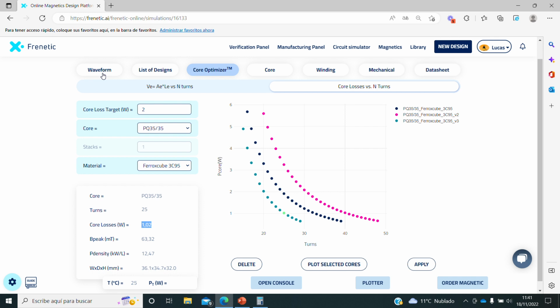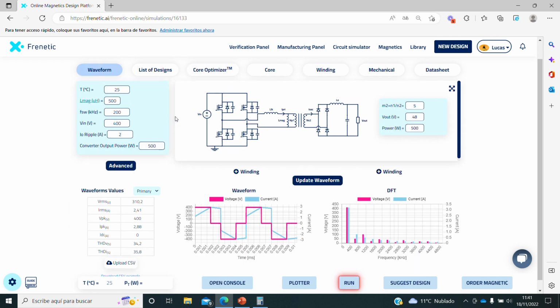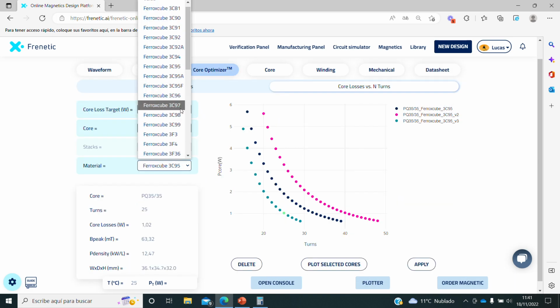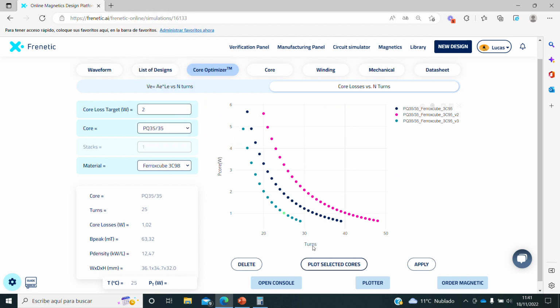So at the end, with this optimization of the core, what we can do is analyze many different options and many different materials. What happens if instead of this 3C95 we want to go for instance 3C98? What happens in principle is that it has more losses.